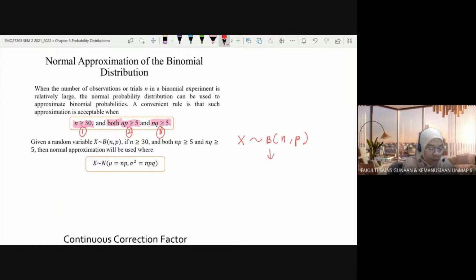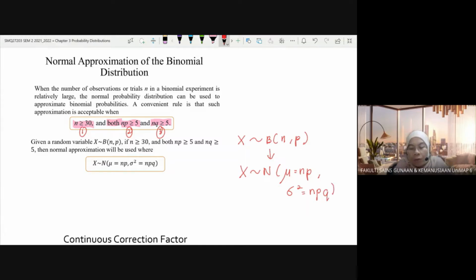To approximate it as a normal distribution, X becomes normal, where the mean, the population mean, is the number of trials multiplied by the probability of success, np, and the variance is the number of trials multiplied by the probability of success multiplied by the probability of failure, npq.